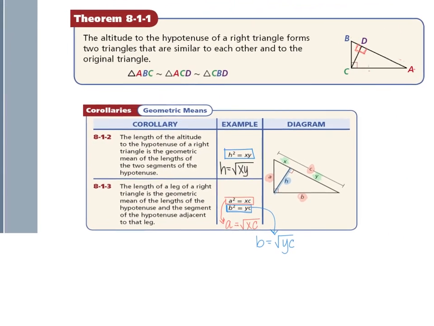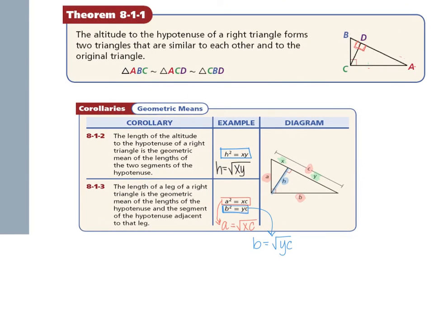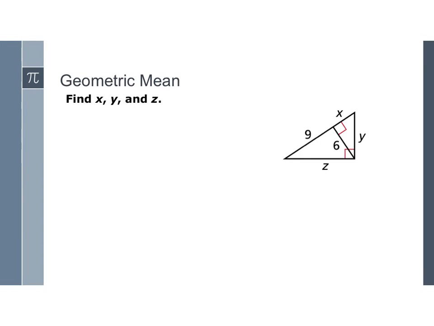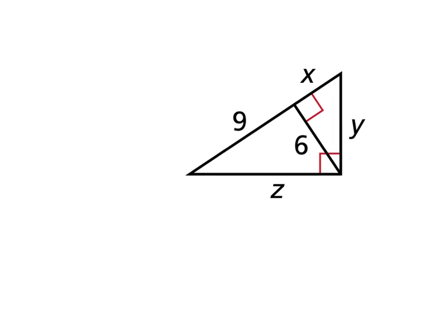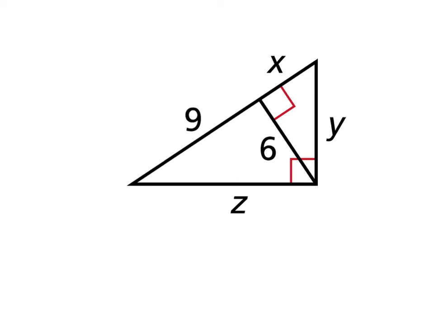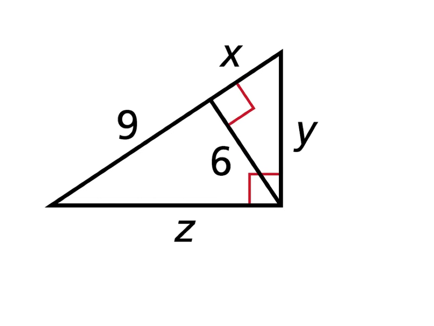So let's go ahead and see what this looks like. Find x, y, and z. Let's figure this out. I'm going to label my triangle with what I know.